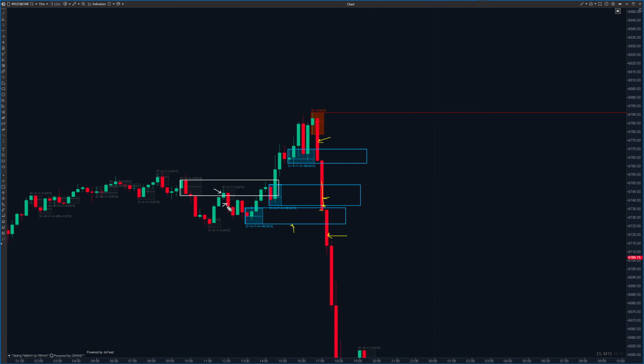However, this candle closed outside the range and was negative. So basically there's no rule for turning the order block into the breaker block. Then there was this positive candle, and this candle is negative. You see, it closed below the mean of the candle, and then there's this red candle.